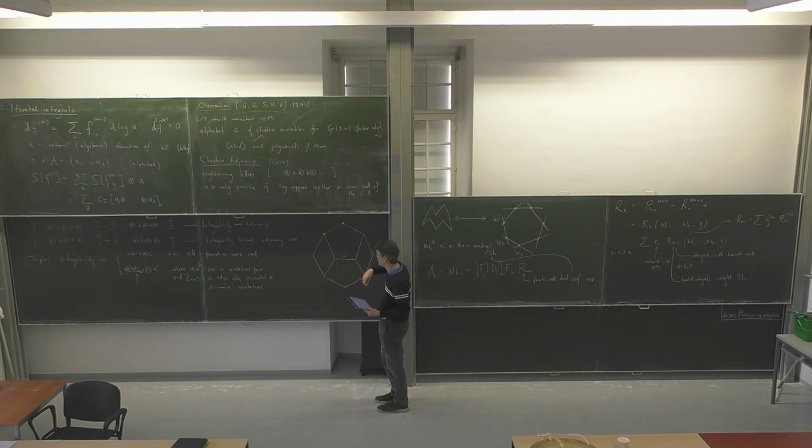Good. So there are 15 Plücker variables in GR46. It's 6 choose 4. But I should have homogeneous multiplicative combinations of those, and there are 6 scalings. So there are 9 independent multiplicative combinations. And that is also the same as the number of faces on this diagram.